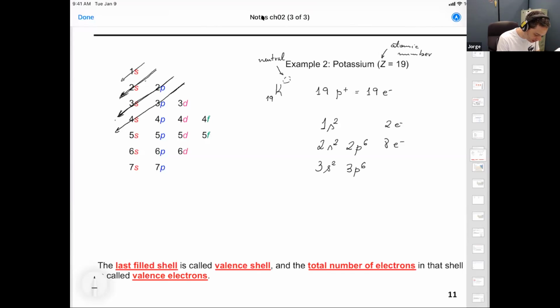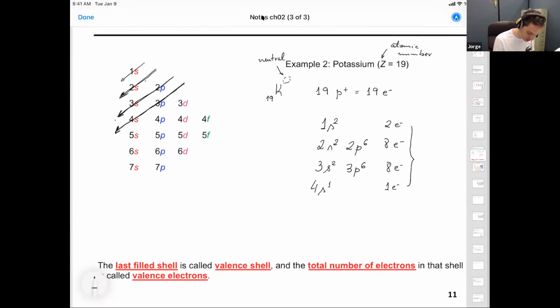After the 3p, if you follow the diagonal, the next subshell to be filled is the 4s. And we just need 1 electron in the 4s, okay? So pay attention to the order that you are filling. So the third shell also has 8 electrons and the fourth shell has 1 electron.